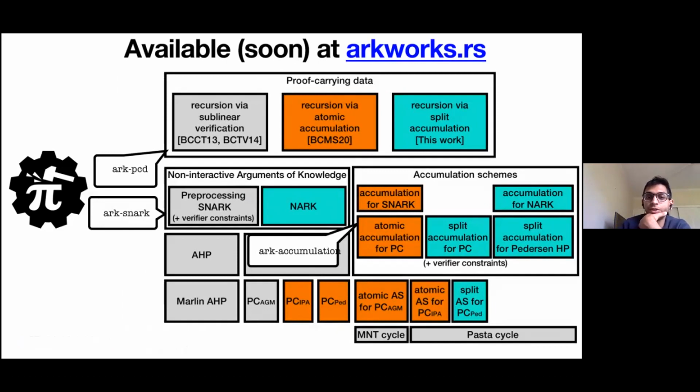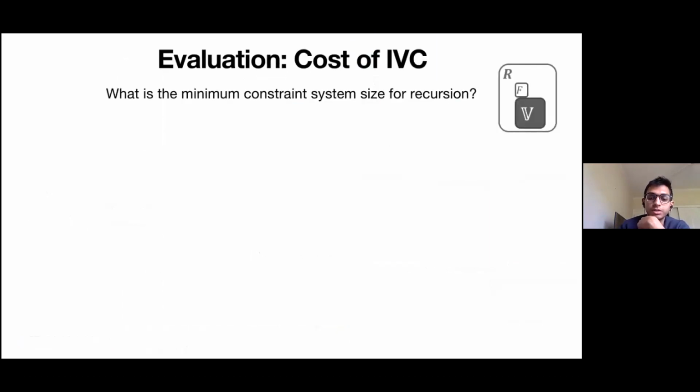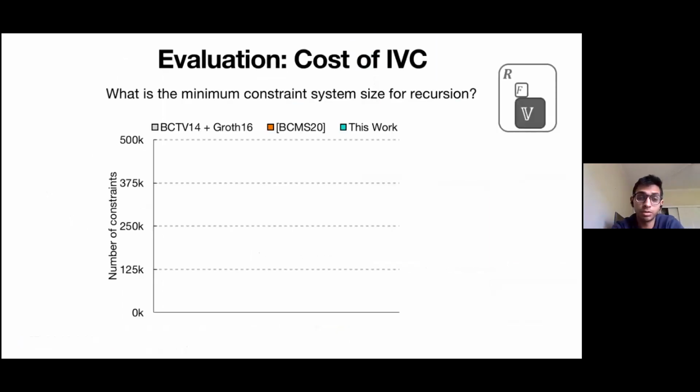Right. So the benefit of this is that, as I said, we can easily compare all of these different instantiations for efficiency. And with the application for IVC, we decided to perform this evaluation. What we found was that if you take the BCTV14 construction with the state-of-the-art pairing-based NARK, Groth16, once you add in all the overheads of hashing and so on, for the IVC case, the recursion threshold is somewhere closer to 250,000 constraints.